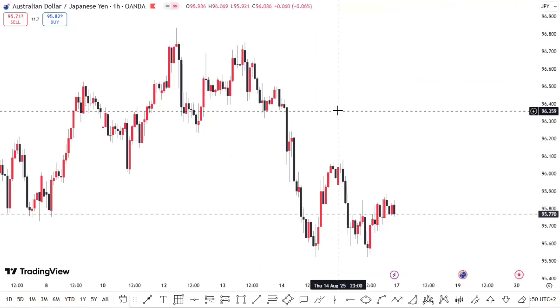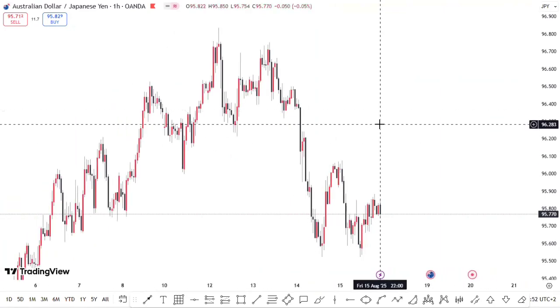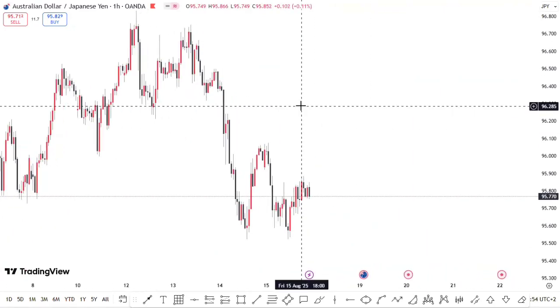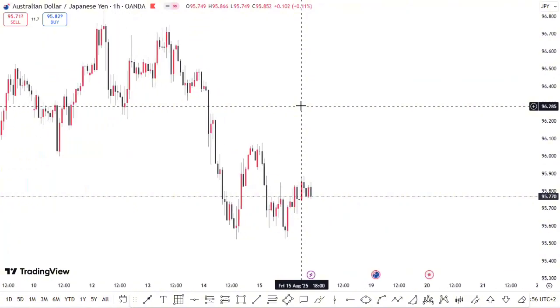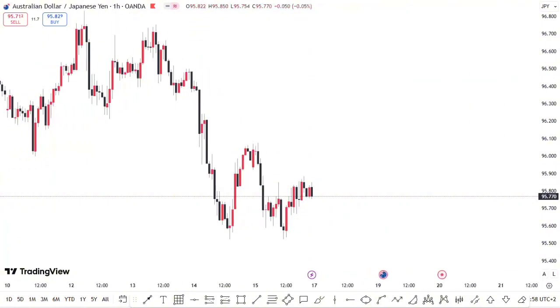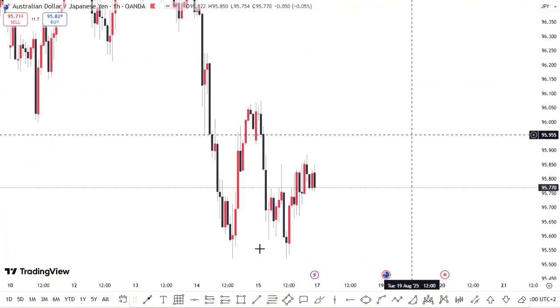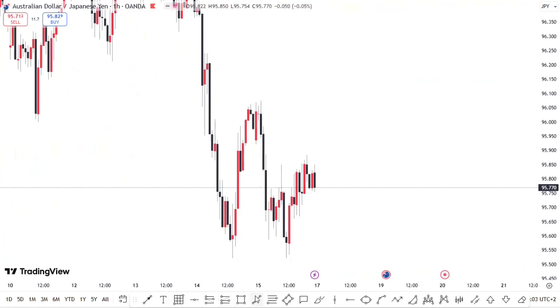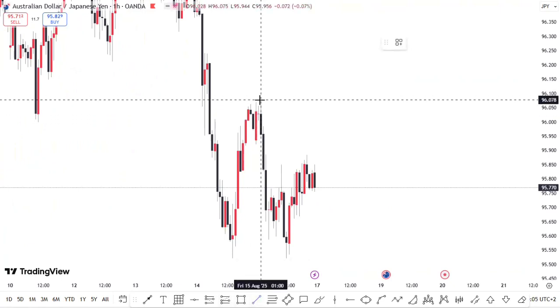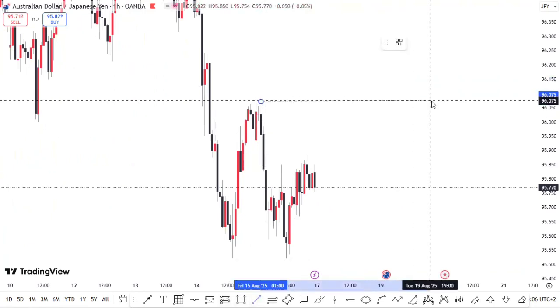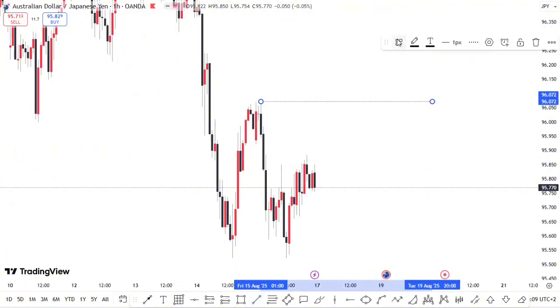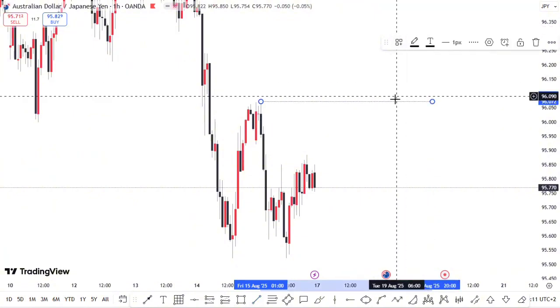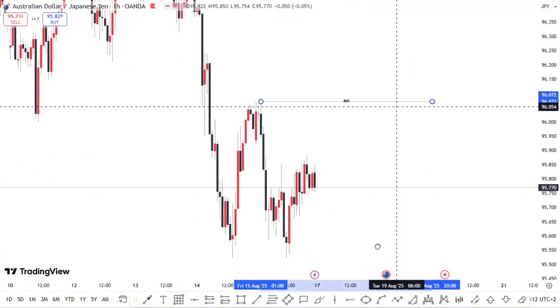So here we have AUD JPY. Don't forget, guys, to watch the video that I will be dropping about impulse and correction, how to understand the whole theory. So take this. Name it as a break of structure, copy again.